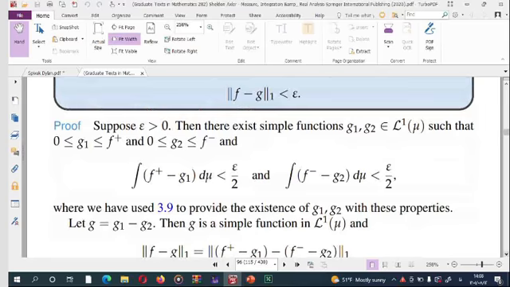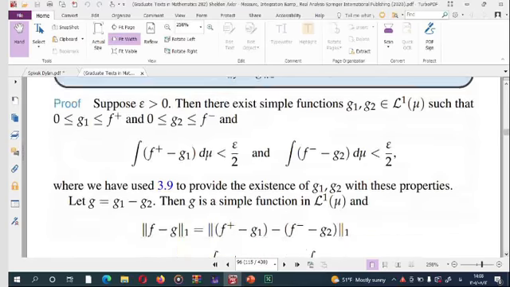and this proof is easy by previous propositions. Suppose epsilon is a strictly positive real number.